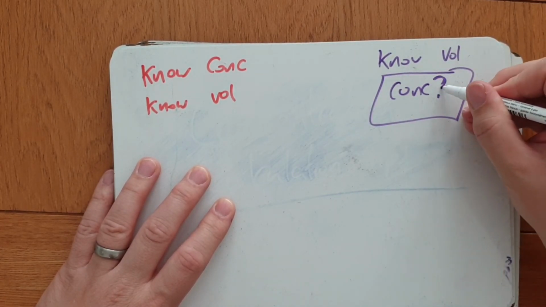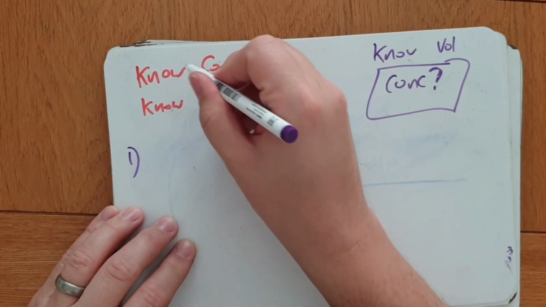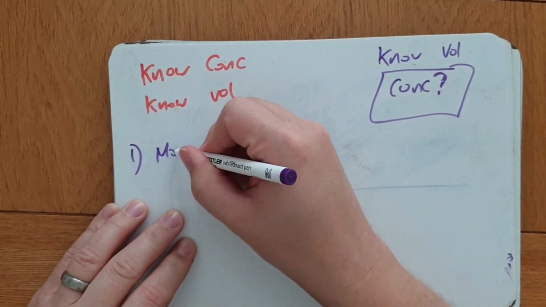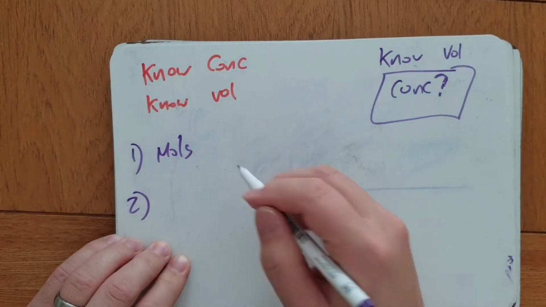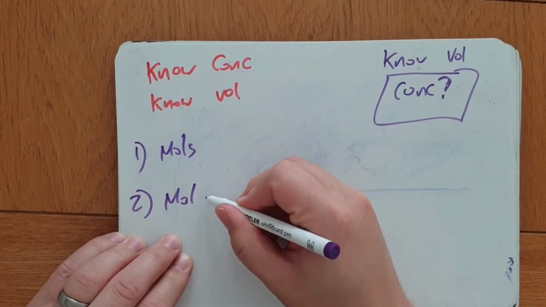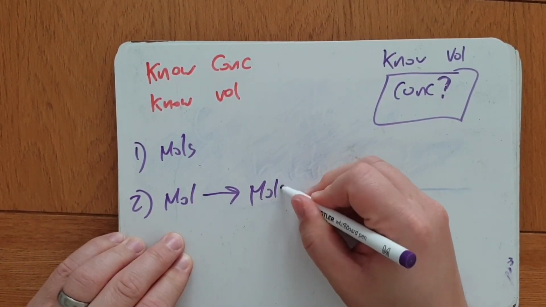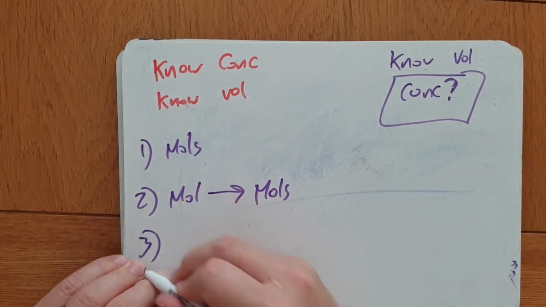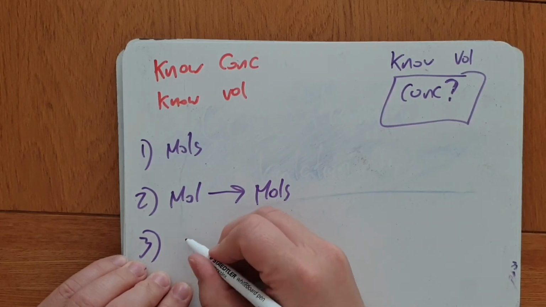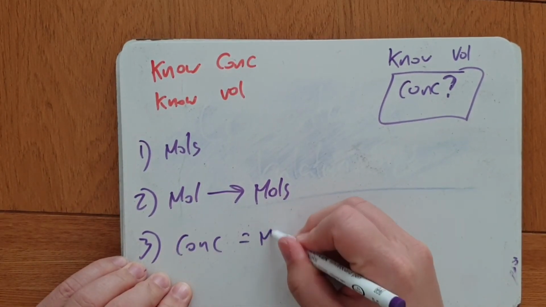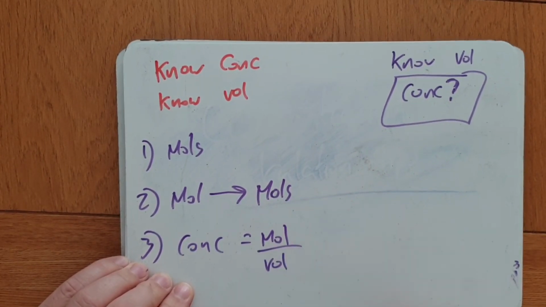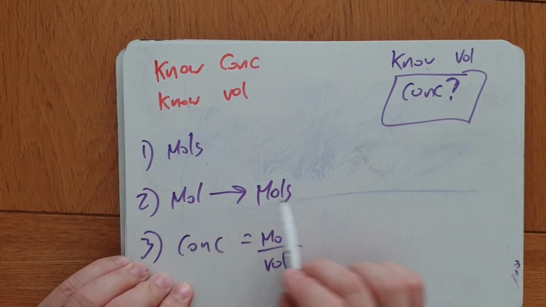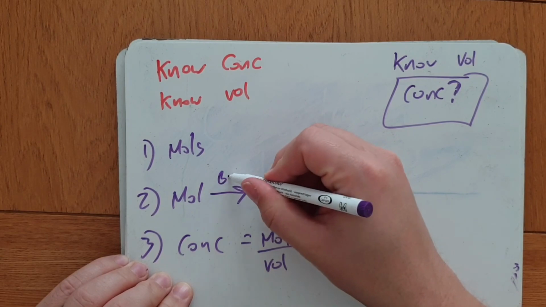So step 1, use these two to work out the moles. Step 2, use the balanced equation to turn moles into the moles of the other one based on the ratio. And then step 3, you can work out that concentration now because you know concentration, you know the moles, and you know the volume.